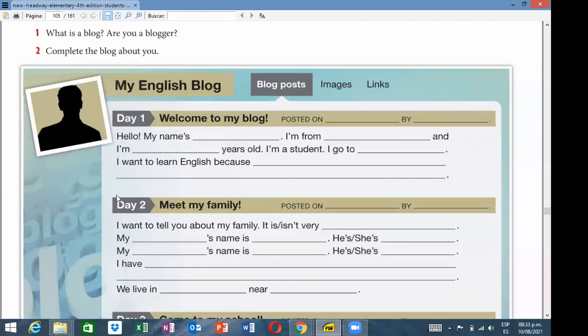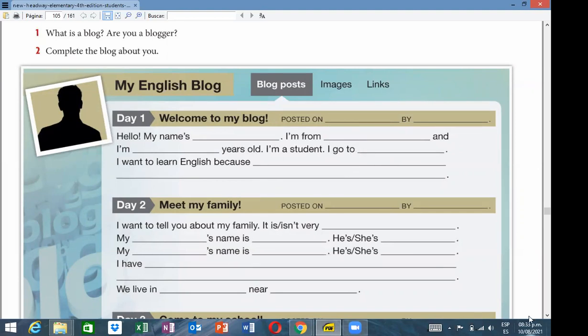The first part is that you have to write about you. For example, you can start, hello, my name is Jocelyn, I'm from Oruro, and I'm a student, I'm 24 years old, I'm a teacher, I work at the Institute, right? Or something like that, depending on you, okay? Here you can add a lot of information if you want. The idea is that you write about you on that first day.